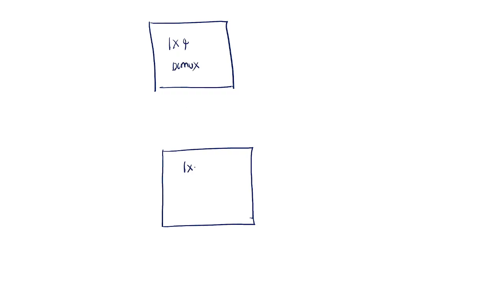This is also a 1x4 demux. The D input is common. Let us take this is D in. D in is common for this demux and this demux. And let us take the selection lines.